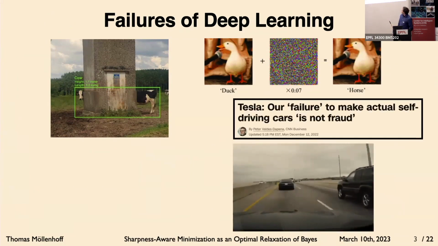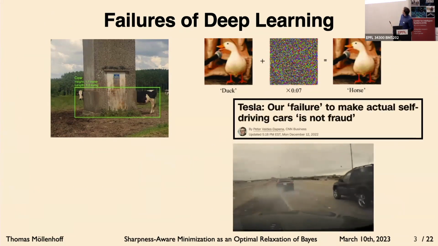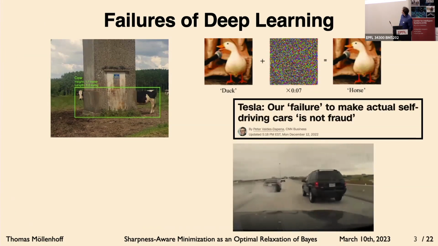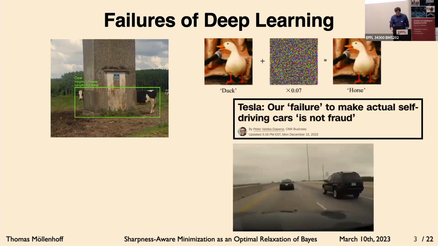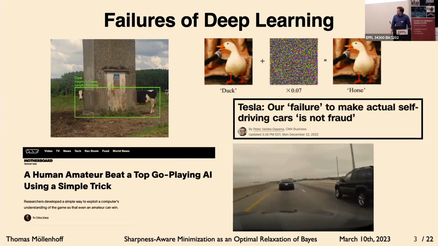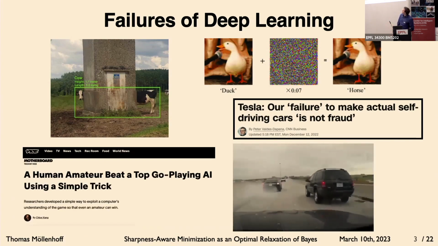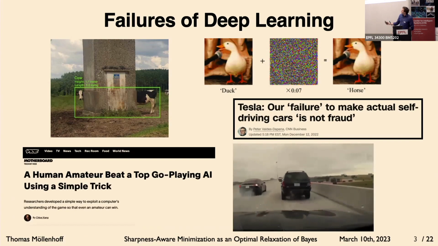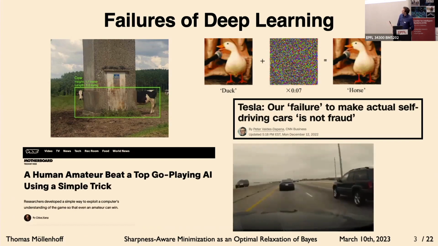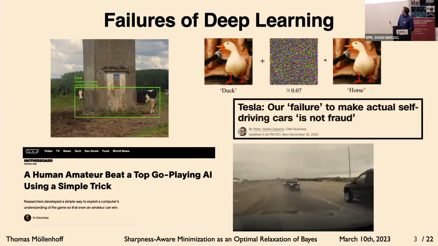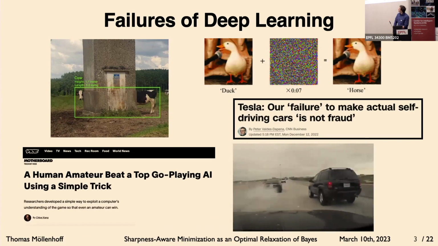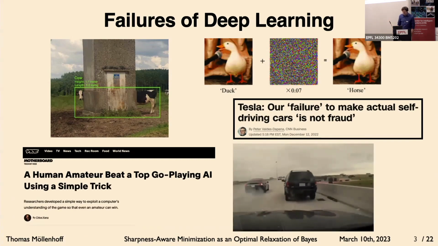Companies which try to use deep learning to build self-driving cars experience catastrophic failures. And recently we've seen a human amateur beating the top Go playing AI using a simple trick. So we are far away from having a stable and robust technology, and it's quite dangerous actually as it's being deployed in the real world now.